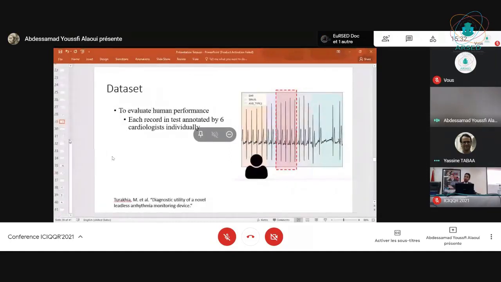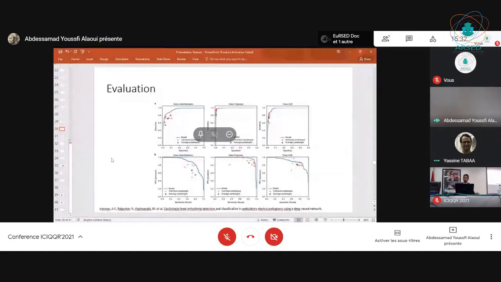To give the labels of this data, they use the knowledge of cardiologists, the specialists in the domain, and they collect a lot of information from these cardiologists in order to have a good label for their data.